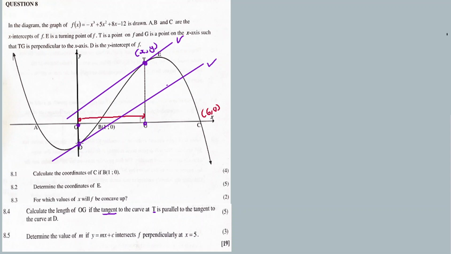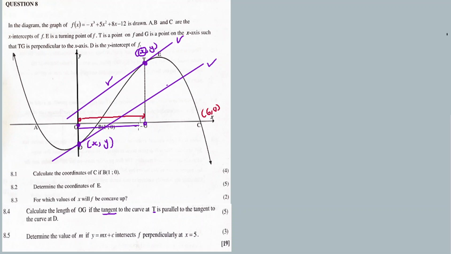D is also a point x, y, right? So I can use the gradient of this tangent to find the x coordinate of T. If I have the x coordinate of T, I can find the length OG, once I find the x value of T.